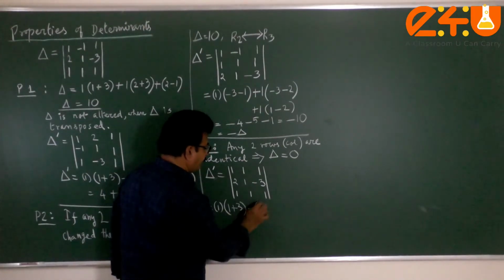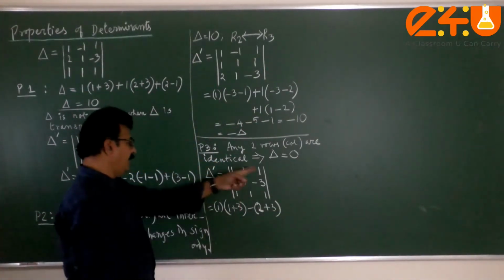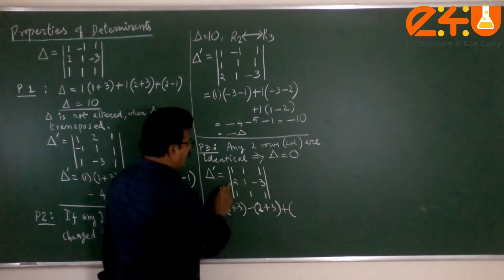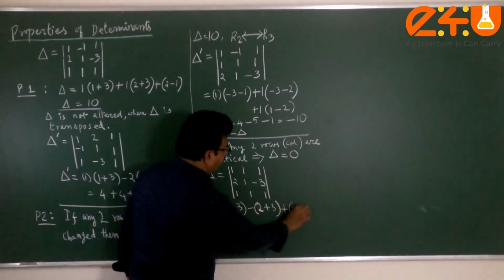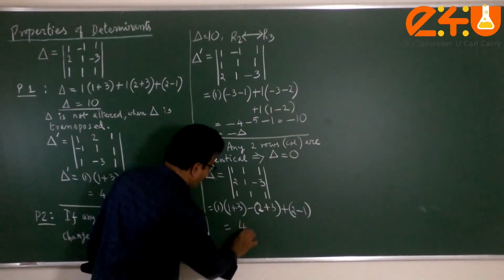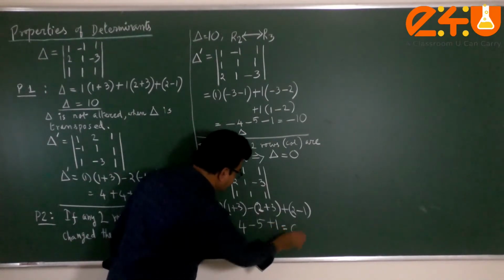I'm sorry, minus of minus 3. Well, and then the third element 1 into cofactor 2 minus of 1. So we have 4 minus 5 and plus 1, which gives 0.